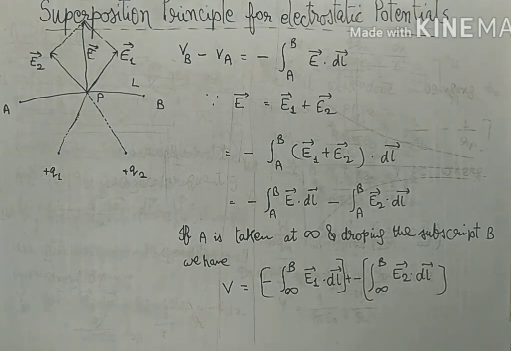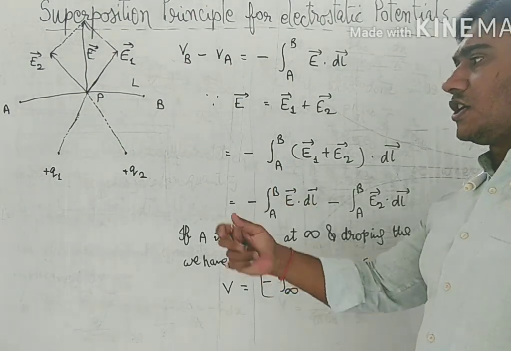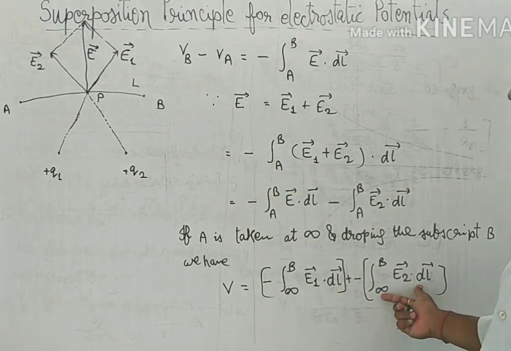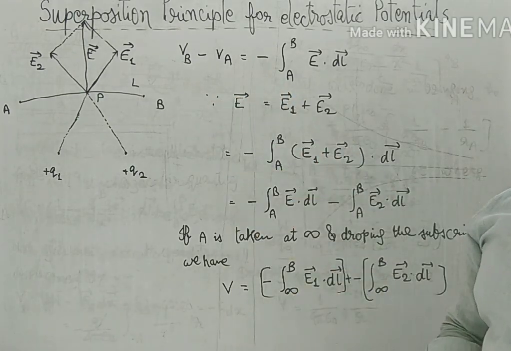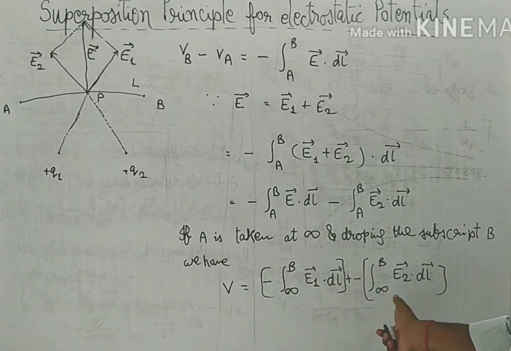So it's quite clear that this is the potential due to the first charge at point B, and this is the potential due to the second charge at point B. That means we can write V equals V1 plus V2 as well.